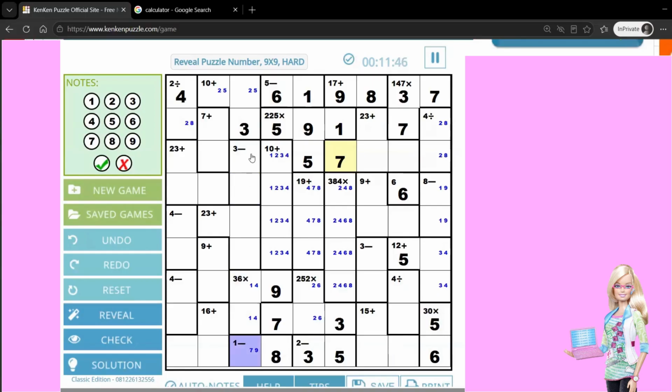Well, thinking about 3 and how like subtracting to get to 3, there's only 3 middle numbers. It has to be a 4 and something, a 5 and something, or a 6 and something. It can't be a 4 because a 4 definitely goes there, so that rules out something.